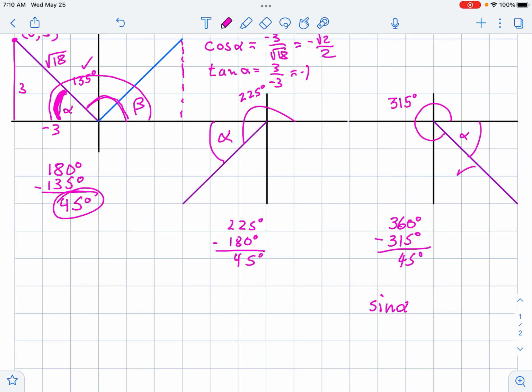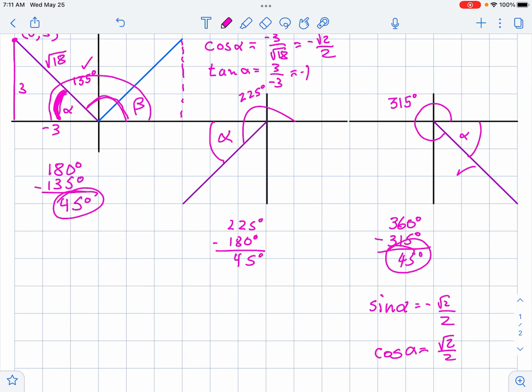Sine of alpha is going to equal the square root of 2 over 2. But we take note, okay, this is in quadrant 4. 45 is our reference angle, but this is going to be negative. Cosine of alpha is positive square root of 2 over 2. And then, of course, tangent is negative 1, and cotangent is negative 1. So that's the way these work.